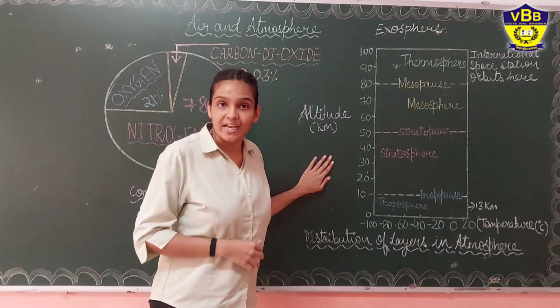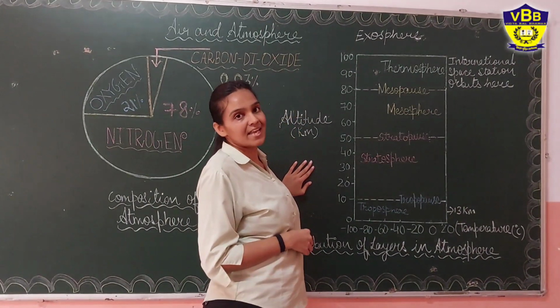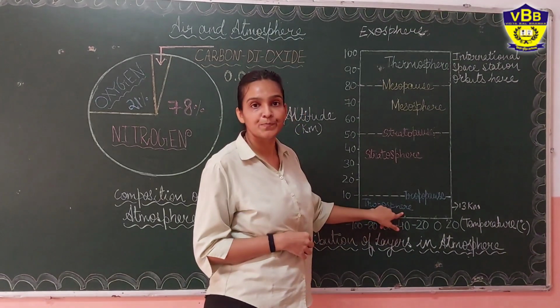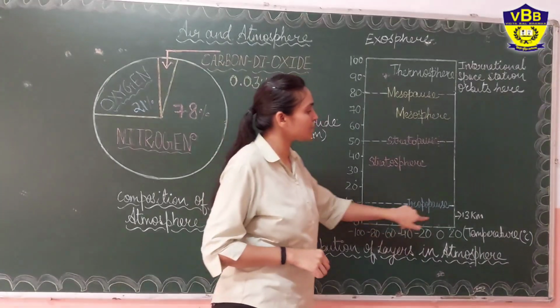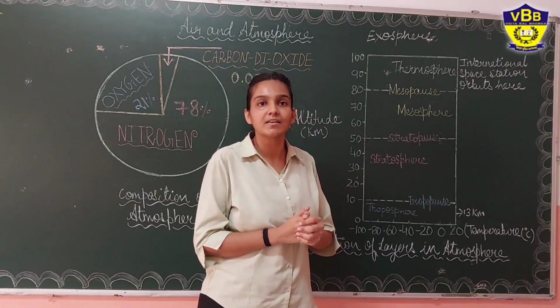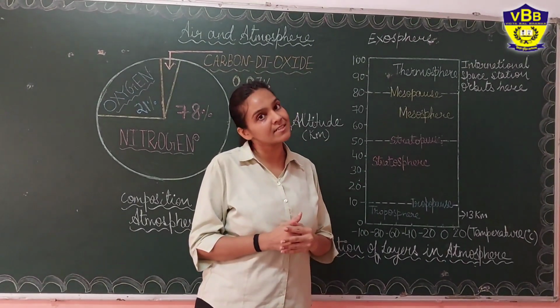Coming on to the second diagram, now we will study what are the layers of atmosphere. The first layer is troposphere. Starting from the surface, the thickness of this layer is about 13 kilometers. What is present in this layer? Yes, all the gases that we breathe are present in this layer.